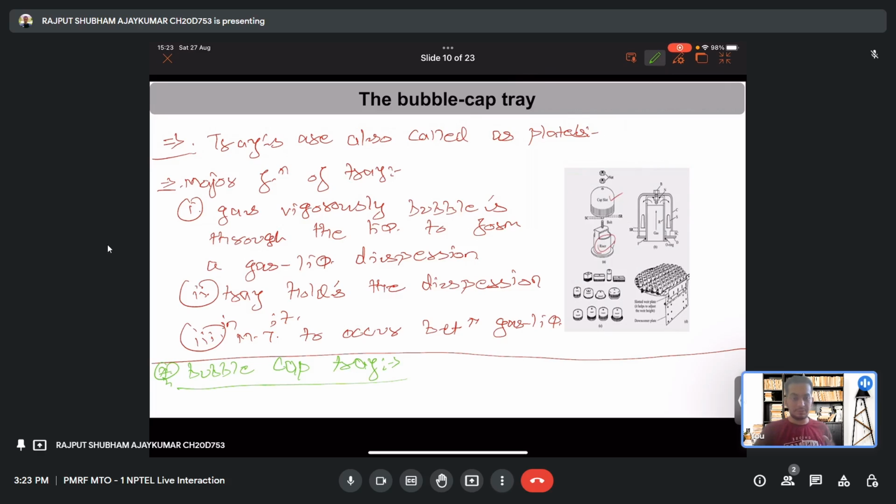So the gas bubbles through the liquid, it passes through the tray, which holds the dispersion in order to make the mass transfer contact between the gas and the liquid. So when the gas goes up in the countercurrent mode and the liquid flows down, the gas will go through the bubble cap tray, which in the form of a bubble pops up, and it will give an area to move the gas forward up. So it is a type of bell shape, like you can see this one. So this is like a bubble.